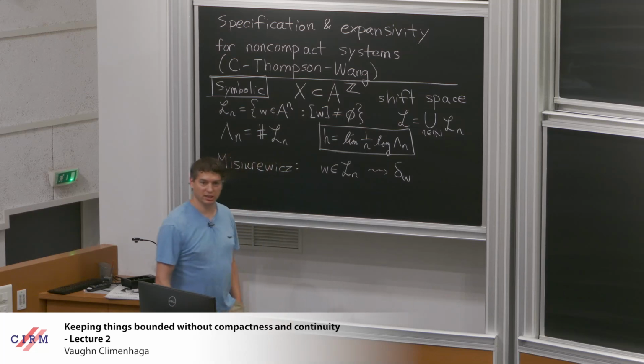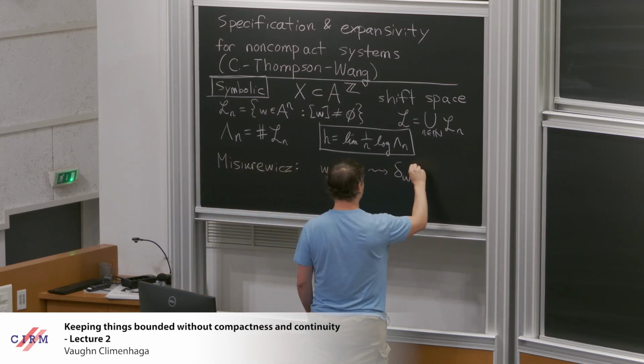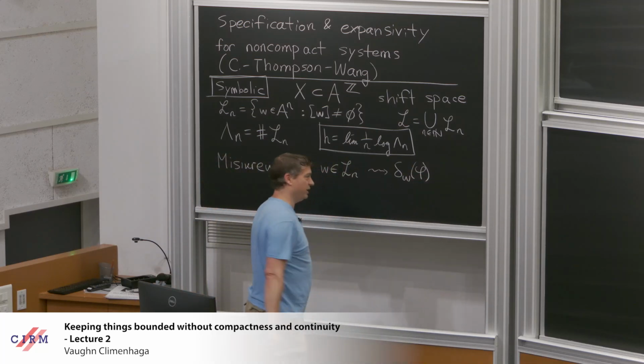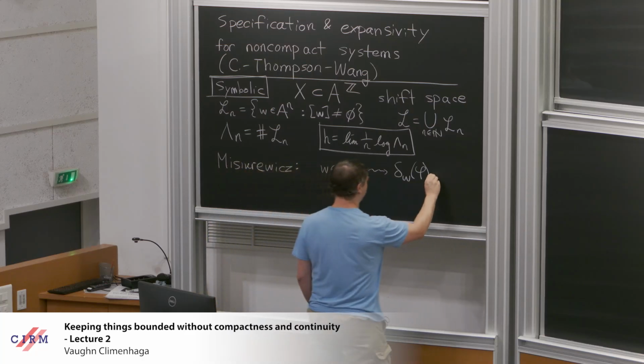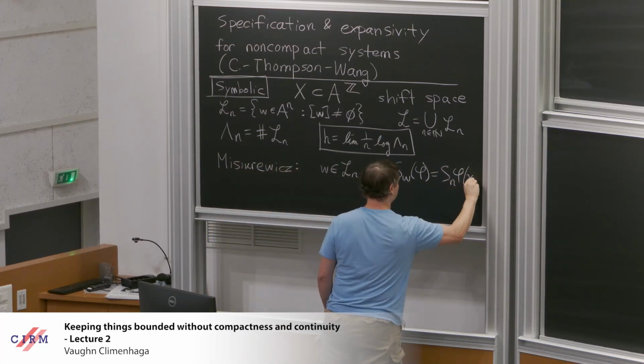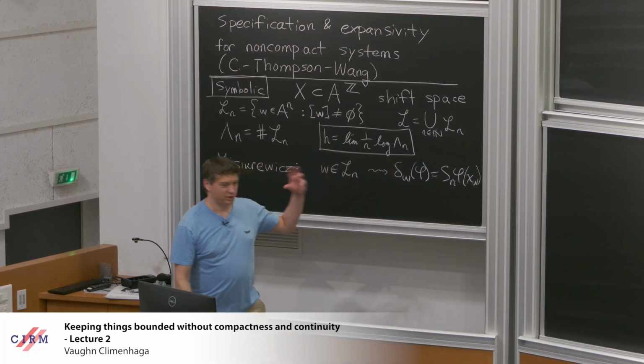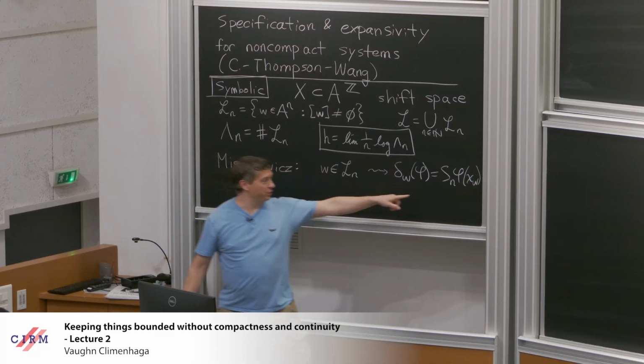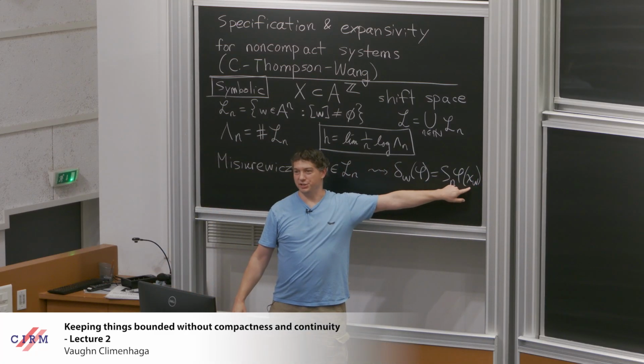Let's call it delta W. And delta W, if you integrate a function phi, just means take the nth ergodic sum of phi. There's a choice to be made here. You pick some point in the cylinder.